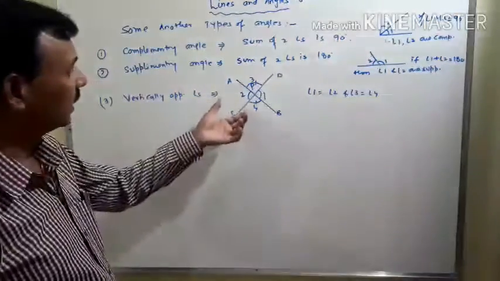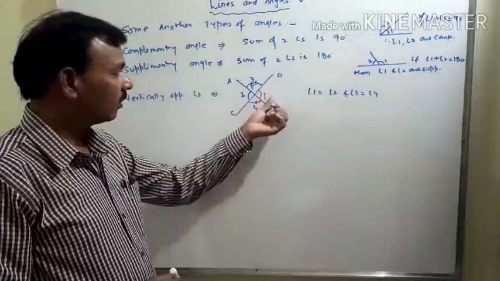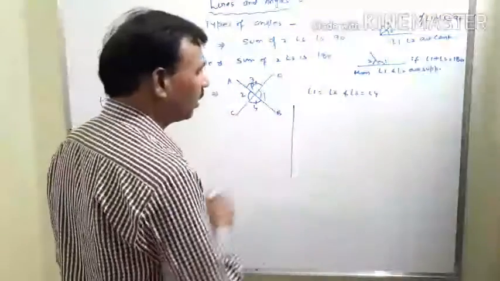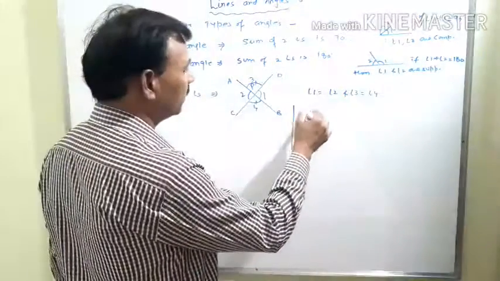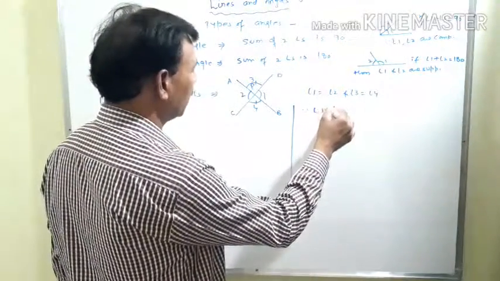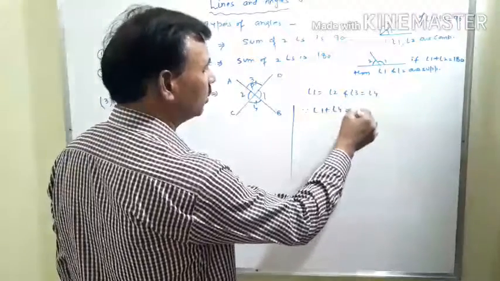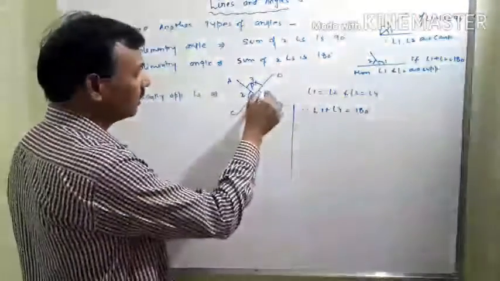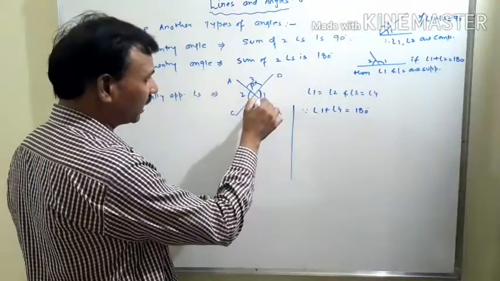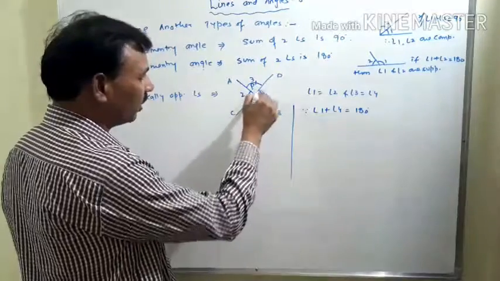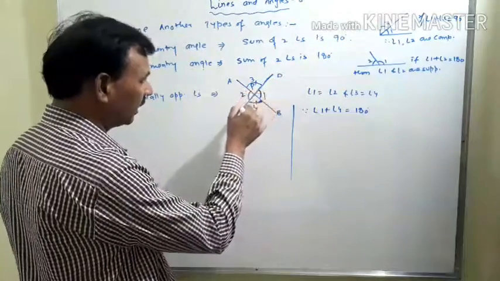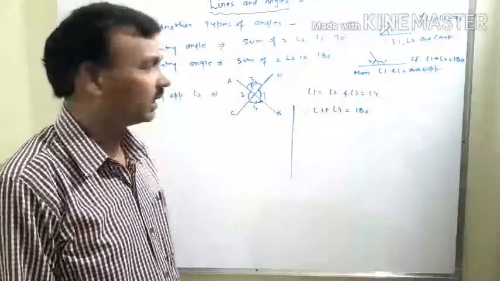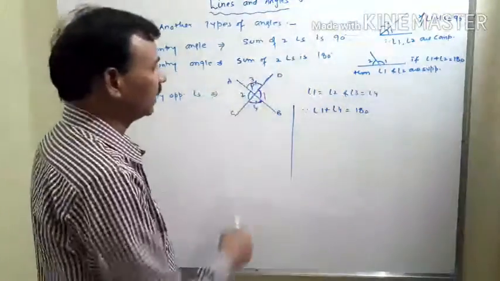We can see here the proof of angle 1 equals angle 2 and angle 3 equals angle 4. How to prove: angle 1 plus angle 4 is equal to 180 degrees by the definition of supplementary angle. As you see here, angle 1 plus angle 4, these two angles form a straight line, and as you know, a straight line forms a supplementary angle, meaning 180 degrees.